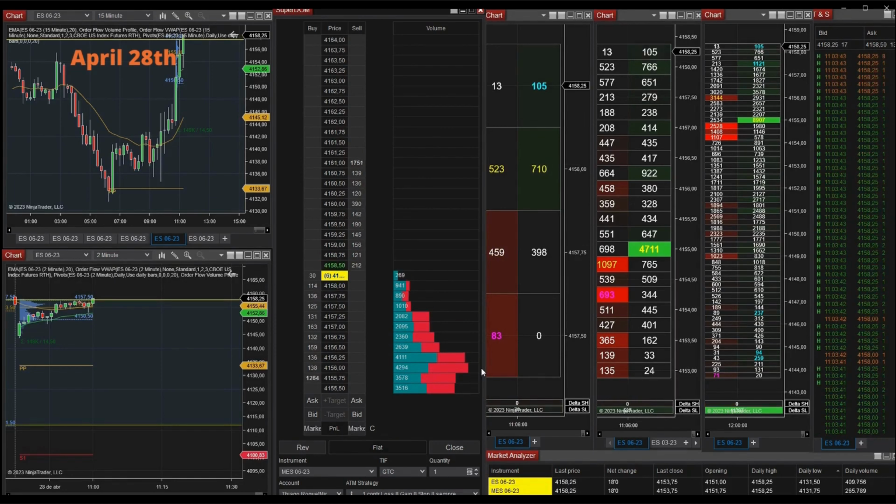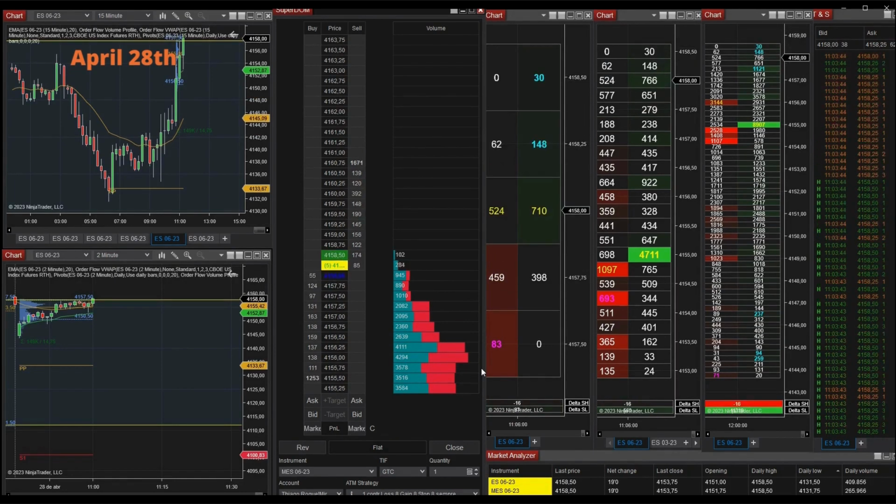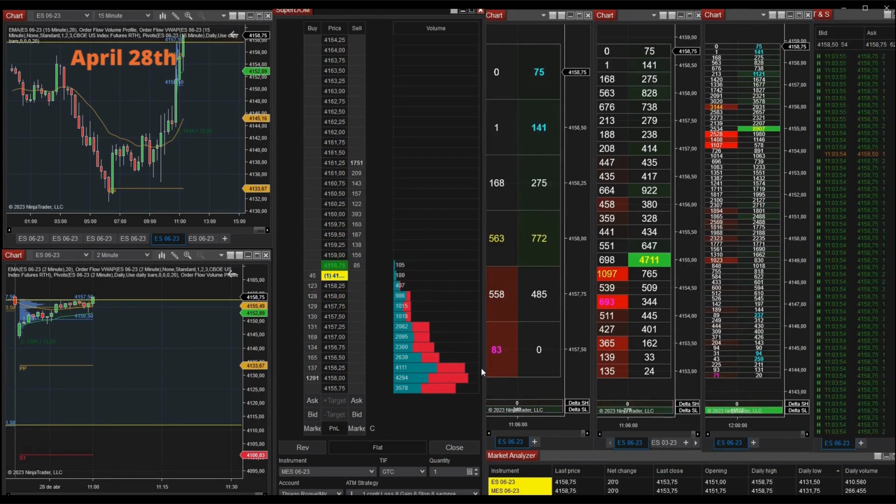But if you see it, it moves 2 points, 2 points, and gets stuck again. You see buyers making aggressive orders but sellers absorbing, sellers making aggressive orders and buyers absorbing. So you see lots of interest.